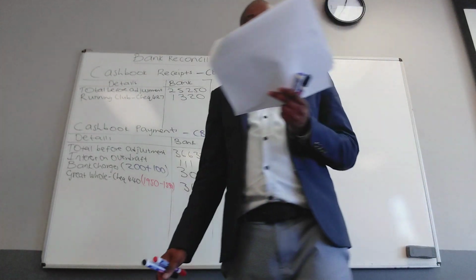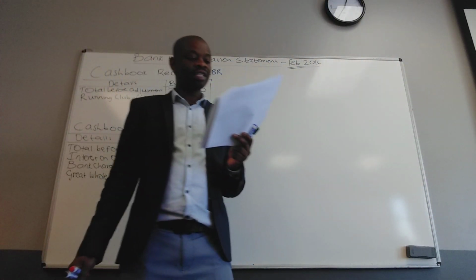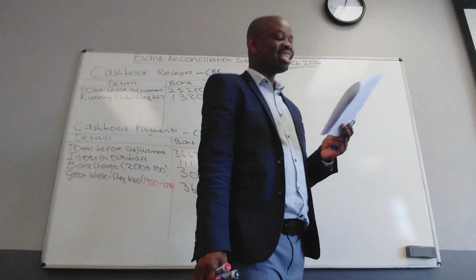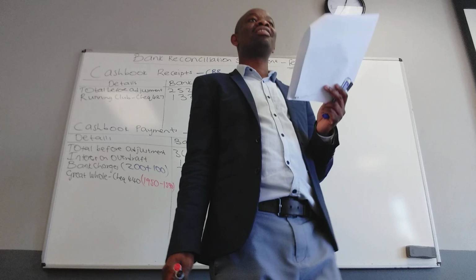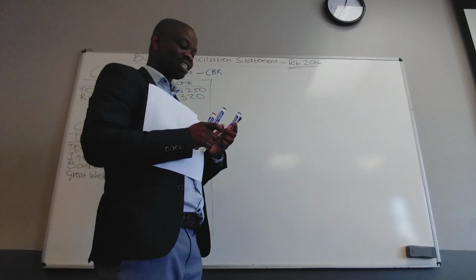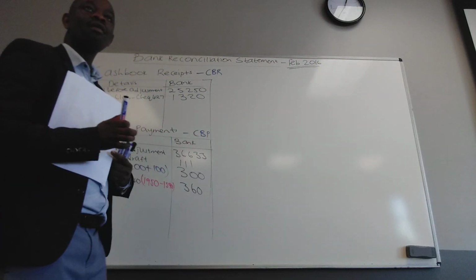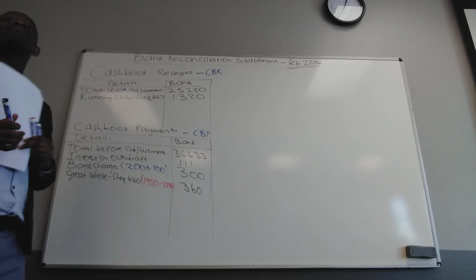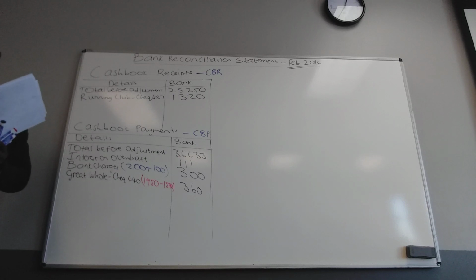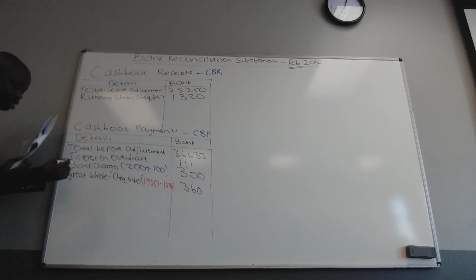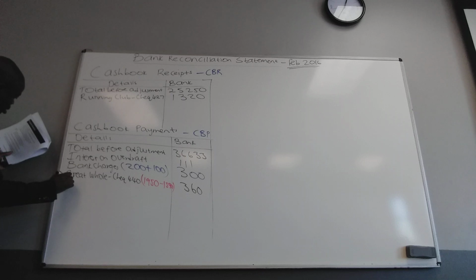Check number 2500 received from Harry Howard, a debtor, was returned by the bank marked RD. Where do we record RD checks? CBP, always. It's the check that has been returned. So number 7 is CBP. It's returned to drawer.